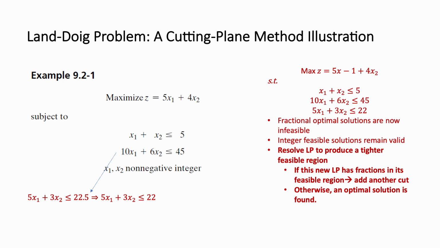So we repeat the process only as needed. When the LP finally outputs an integer solution, that should be a signal for us to stop, meaning the optimal solution for the ILP is already found.